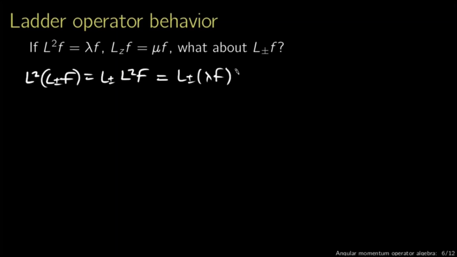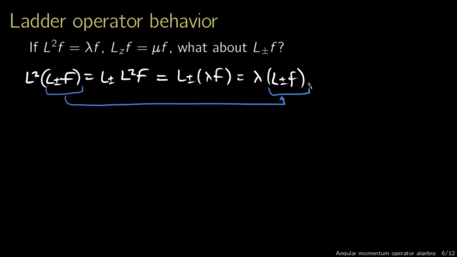Lambda just being a constant can be pulled out front, so I've got lambda and then L plus or minus f. What this tells you is that if f is an eigenstate of L squared, L plus or minus f is also an eigenstate of L squared with the same eigenvalue.